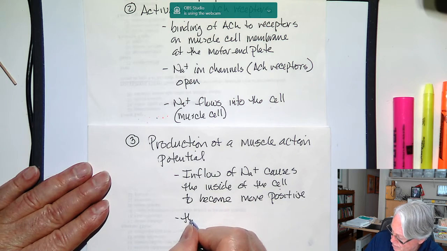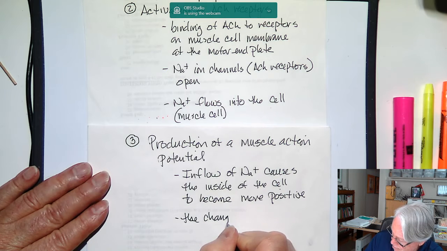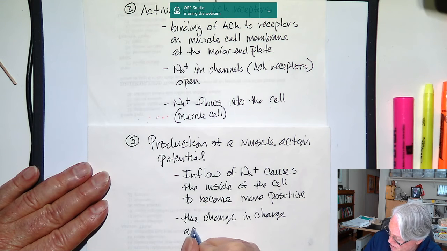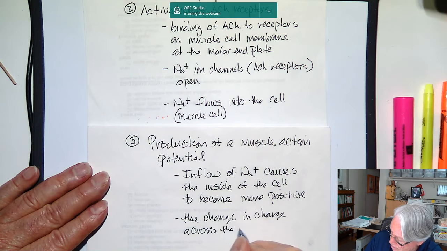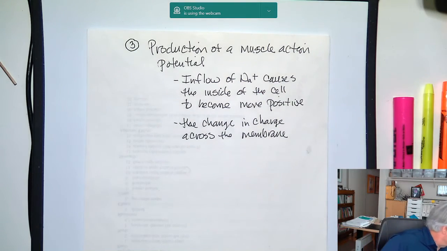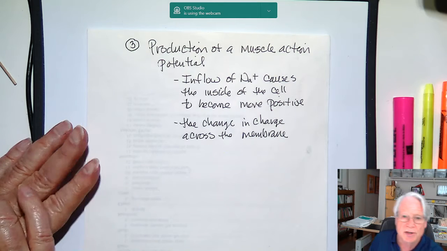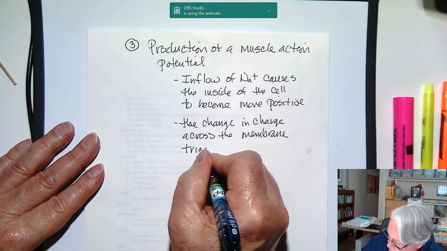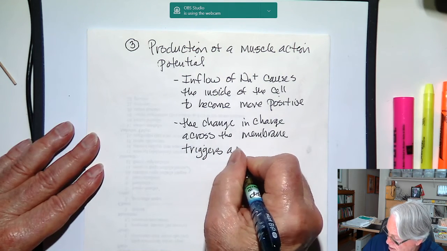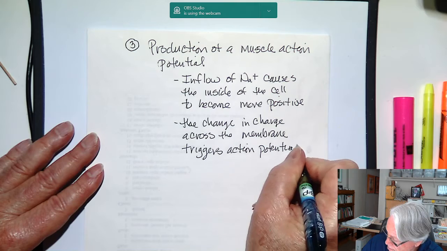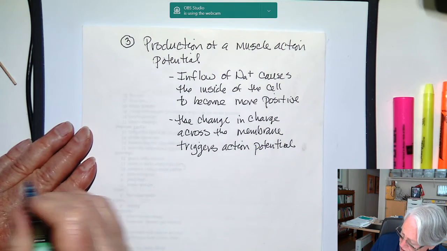The change in charge across the membrane triggers an action potential in the muscle cell.